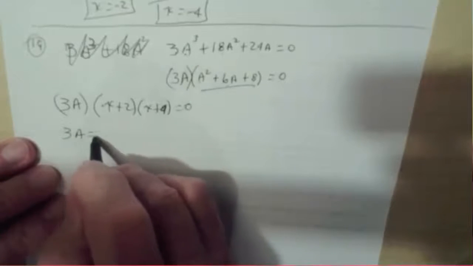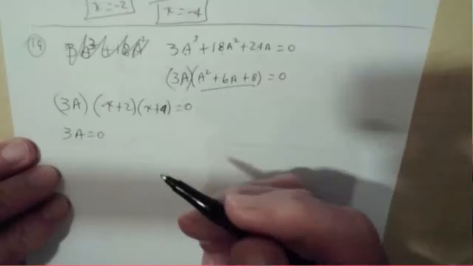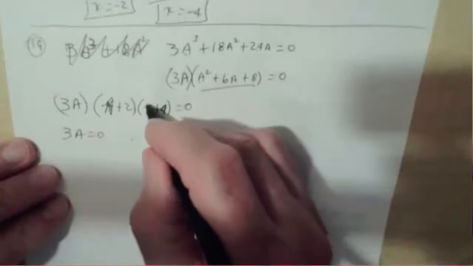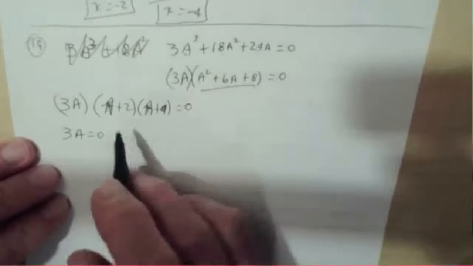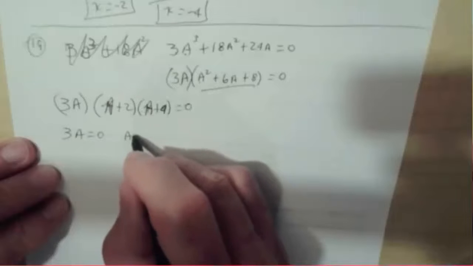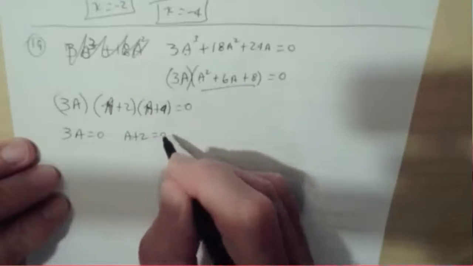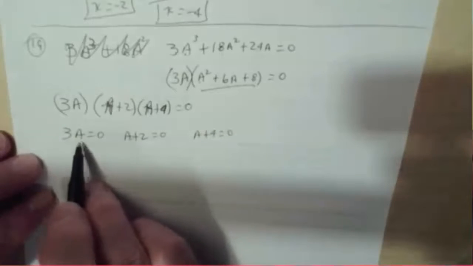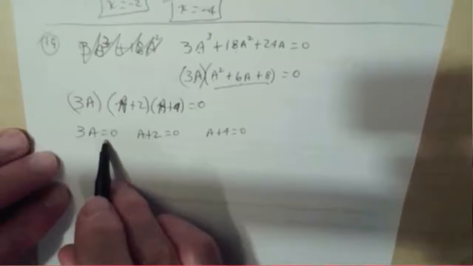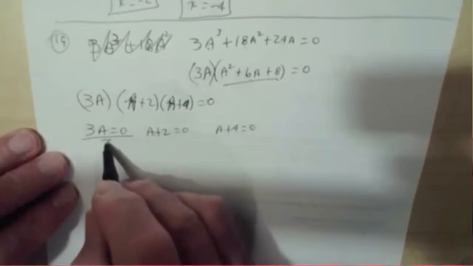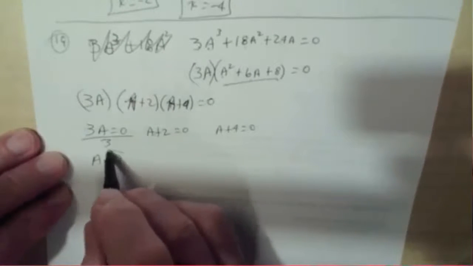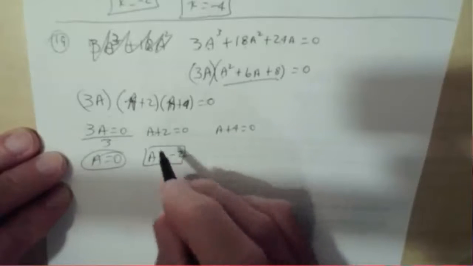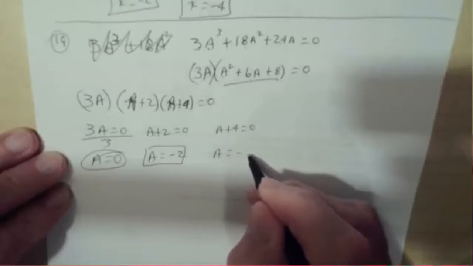So 3a equals 0, a plus 2 equals 0, and a plus 4 equals 0. Now remember, this is a factor also, so we have to solve this. Divide by 3, a is 0. This one is a equals -2. And this one is a equals -4.